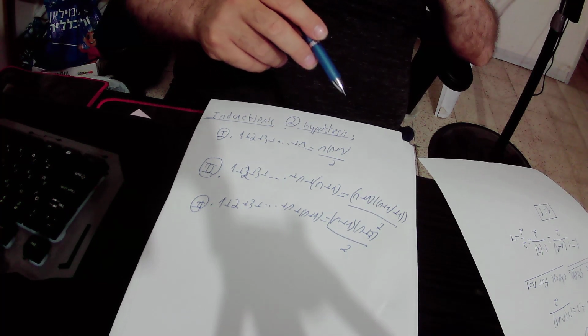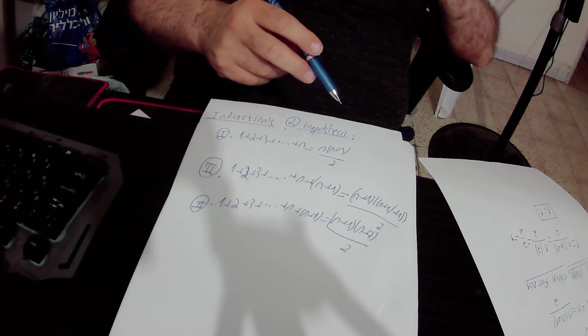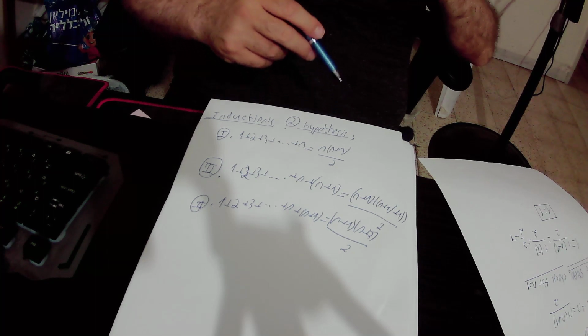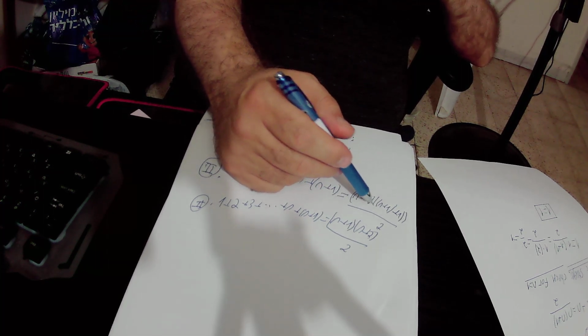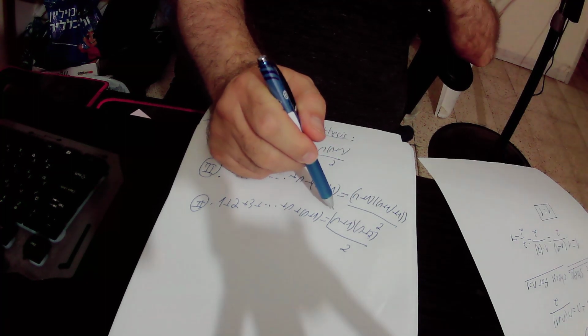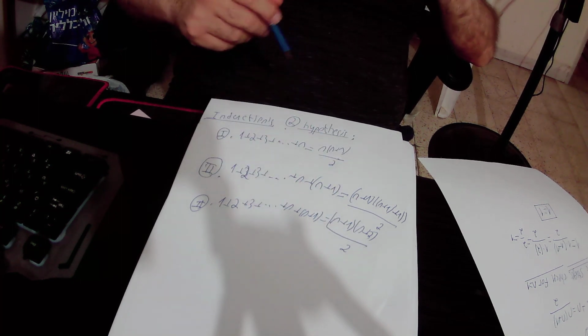So in the expression for n plus 1, we will write n plus 1 times n plus 1 plus 1. Okay, because we add 1 to n plus 1, so it will be n plus 1 plus 1, and n plus 1 plus 1 equals to n plus 2, so in total it will be here n plus 1 times n plus 2 divided by 2.